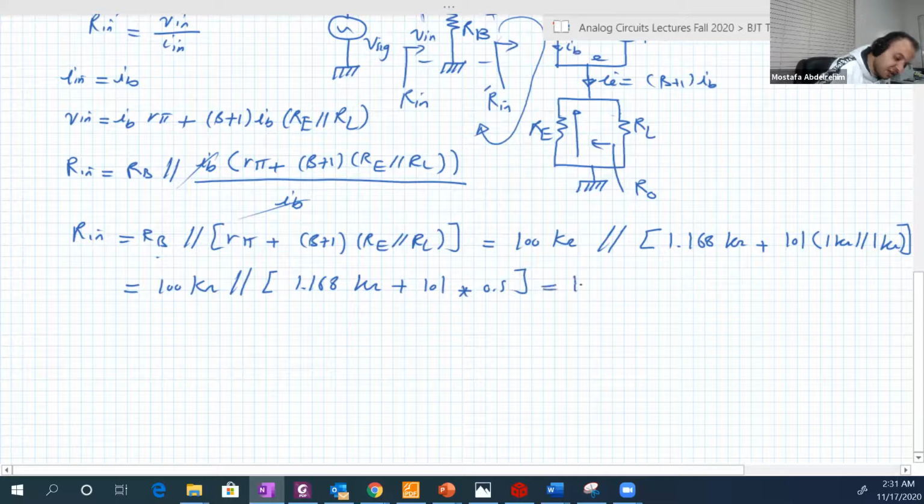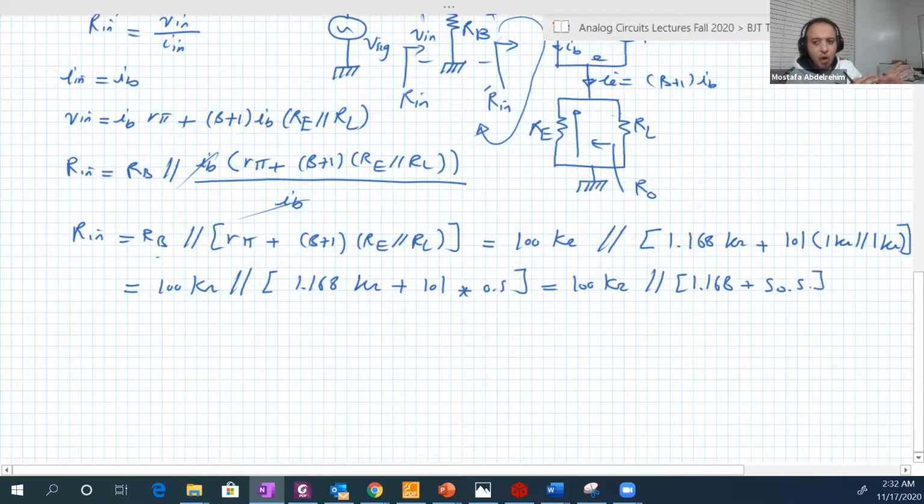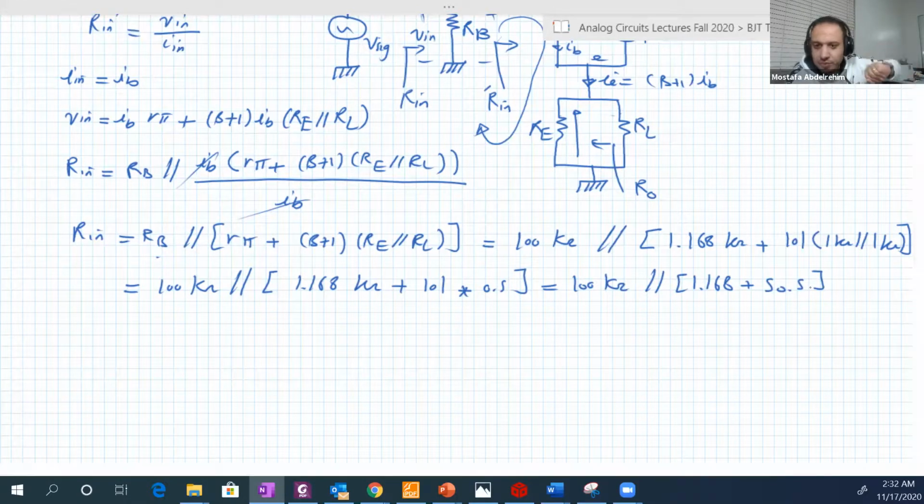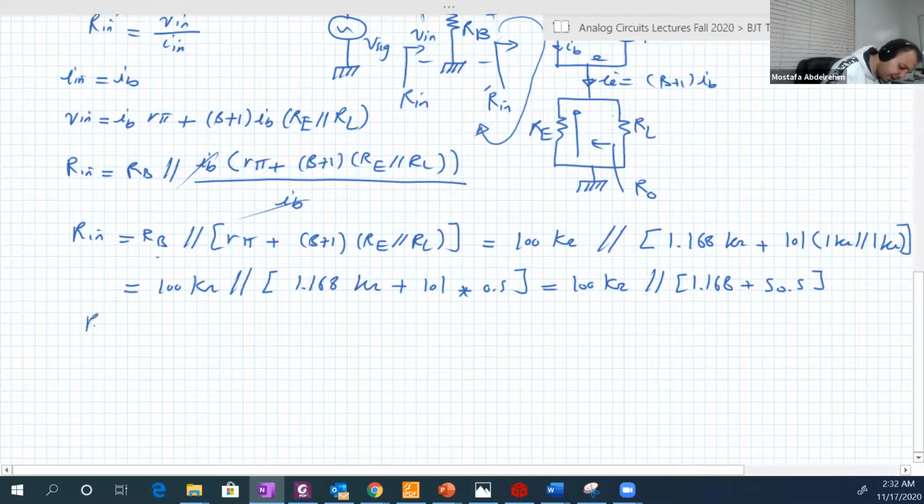So this is 100 kilo ohm parallel 1.168 plus 50.5. So it's 100 kilo ohm approximately parallel to something like 51 kilo ohms. If we do the math, R input is 33.84 kilo ohms.